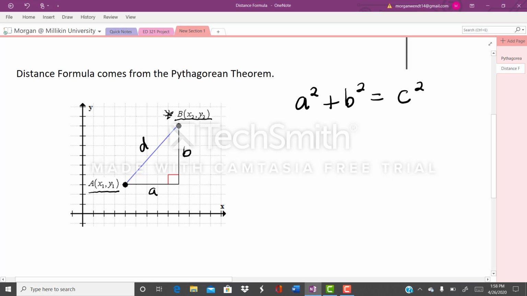We're not given the length of leg A or leg B, like we have in the past when finding the missing leg with the Pythagorean theorem. So we have to get creative in figuring out what those lengths are.